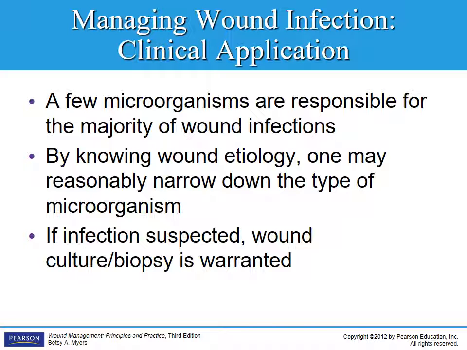So it's actually pretty easy, with a culture, to recognize what it is. And once it's recognized, the correct type of antimicrobial therapy can get rid of it. That's basically what this is saying.